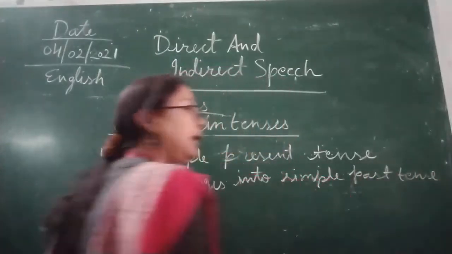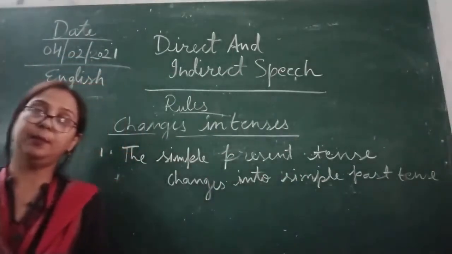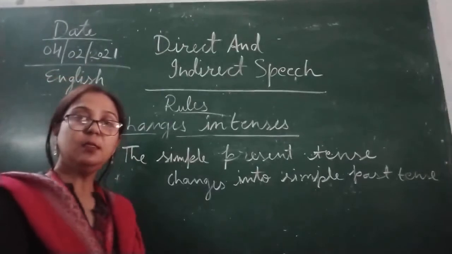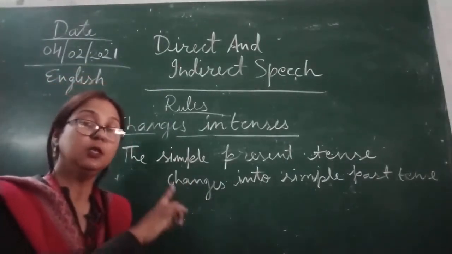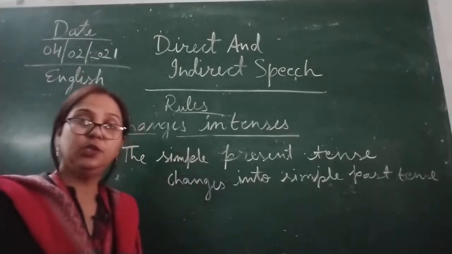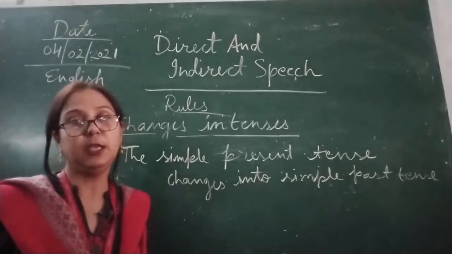So children, while making direct into indirect speech, one thing we must always remember: when the direct speech is written in the simple present tense, we will change it into simple past tense.